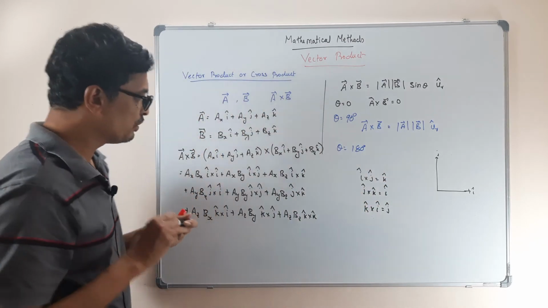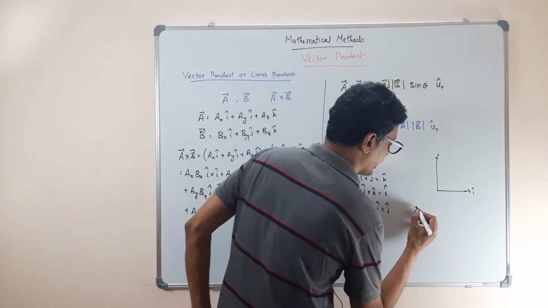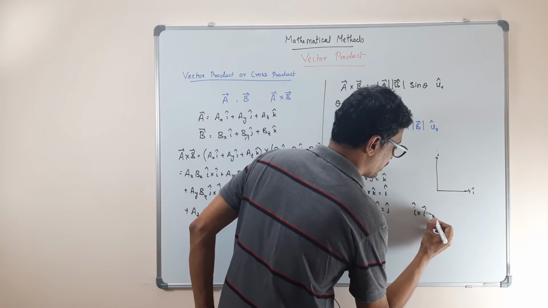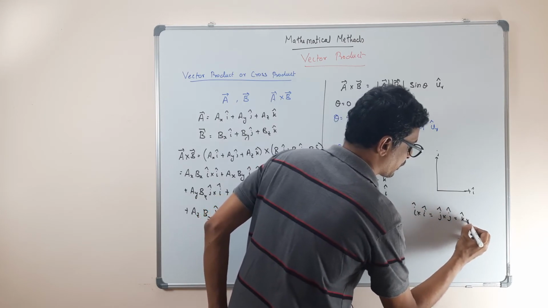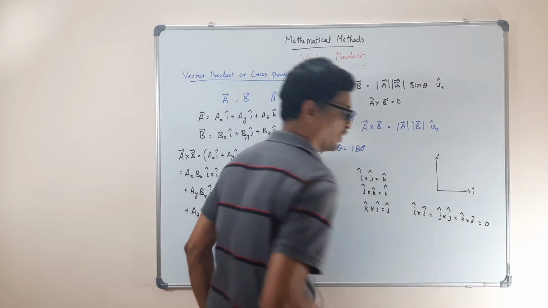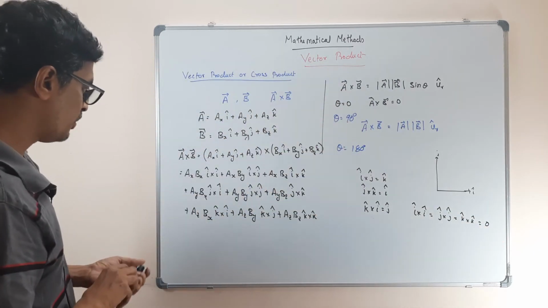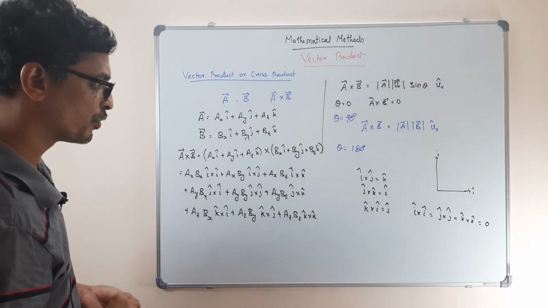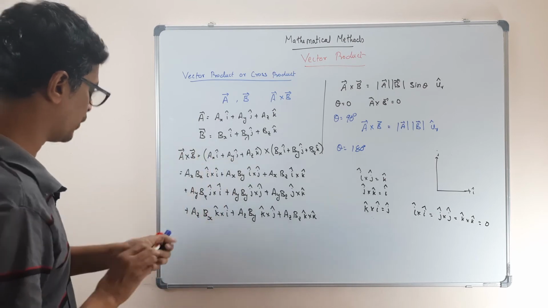Now we also know i cap cross i cap equals j cap cross j cap equals k cap cross k cap equals 0, since the cross product of the same vectors is 0.